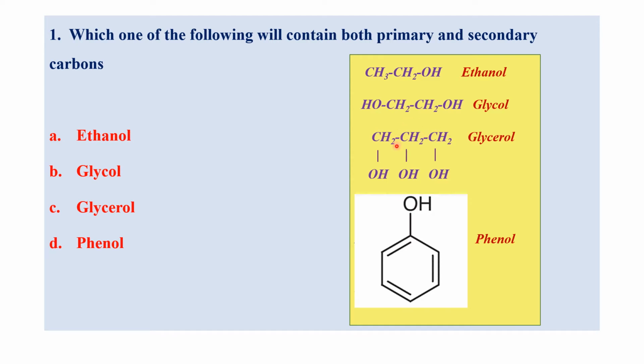So this one is secondary carbon. Here it is also attached with one carbon, so it is also a primary carbon. Now the answer is clear. The glycerol has both primary and secondary carbon atoms present in its molecule, so the answer is glycerol.